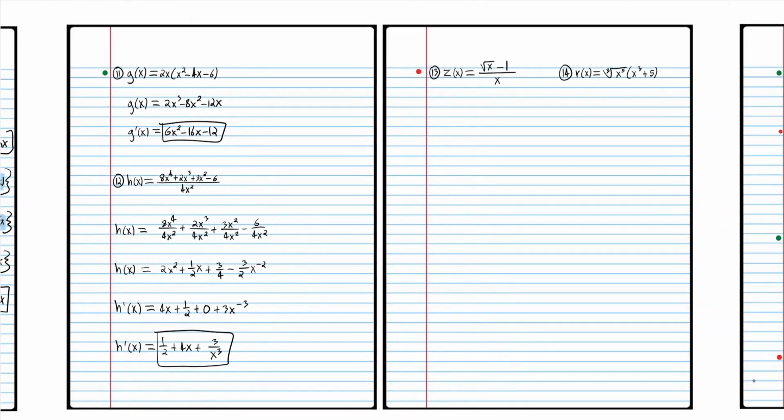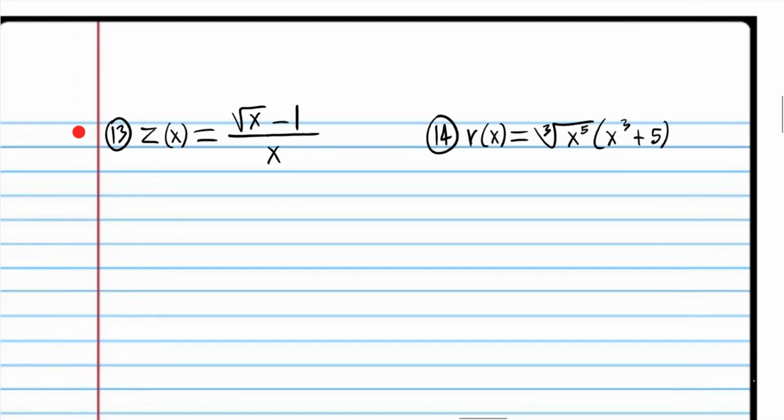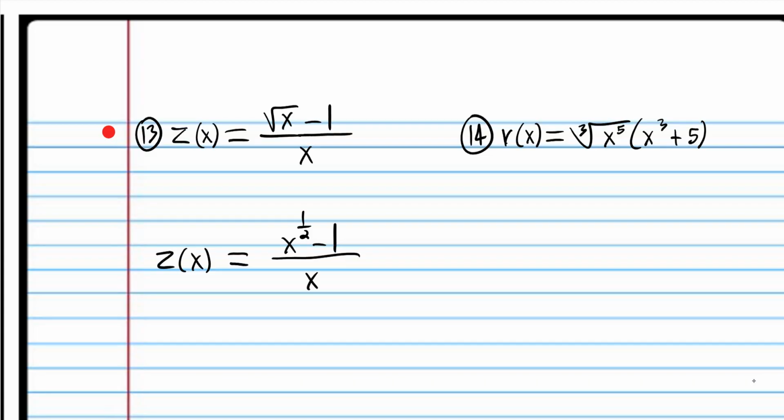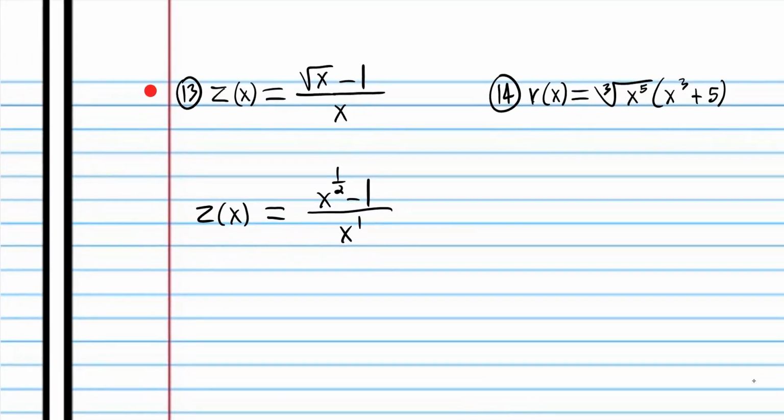So here's some more examples where we can simplify the expressions. You don't want to use the quotient rule here if you don't have to. So let's change that to x to the 1/2 power. And we'll change that to x to the 1 power. And again, when you're dividing a sum or difference by a monomial, you can divide each term in the sum or difference by that monomial, that one term.